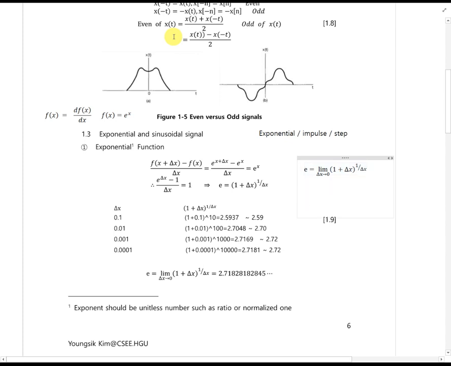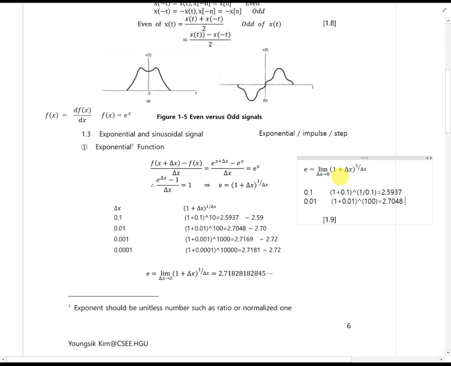So then what can we take for delta x? For example, delta x is 0.1, then 1 plus 0.1 to the power of 10. Okay, this is 2.59. A little smaller than 0.1, 0.01. Then the equation will be 1 plus 0.01 to the power of 100.